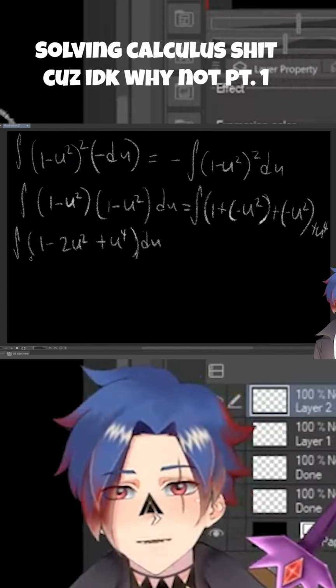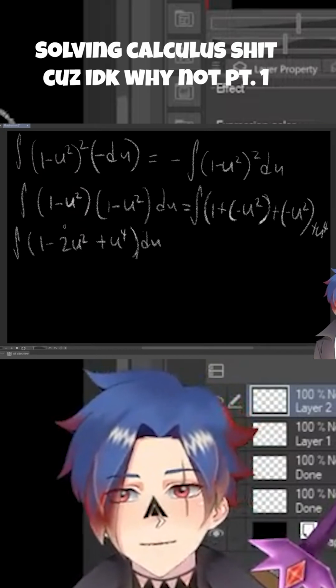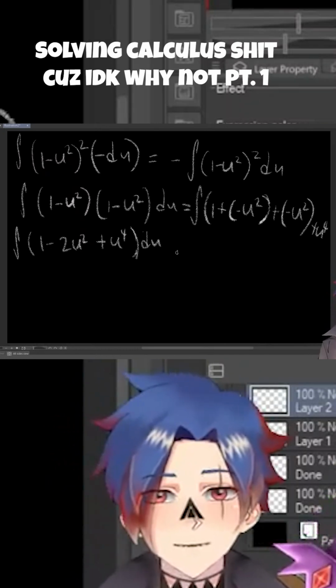So this is something workable now compared to this one, because we can't just do it like this.